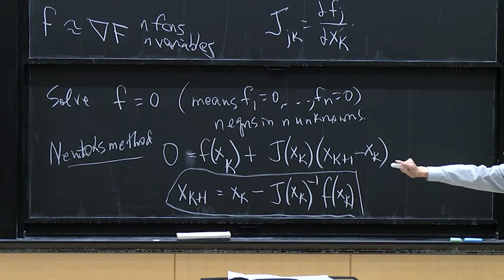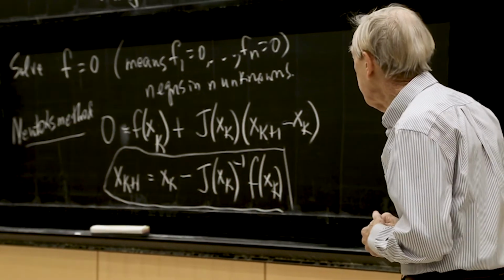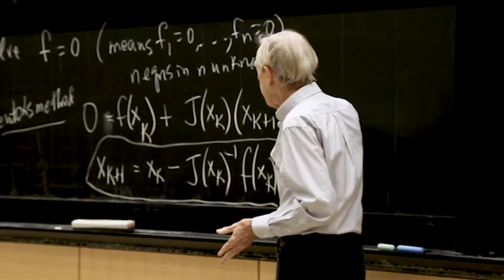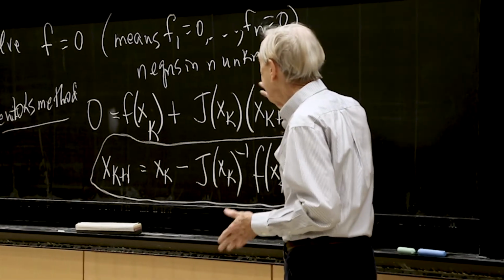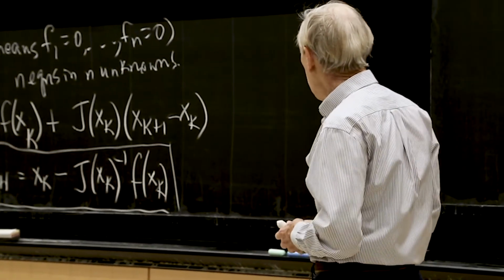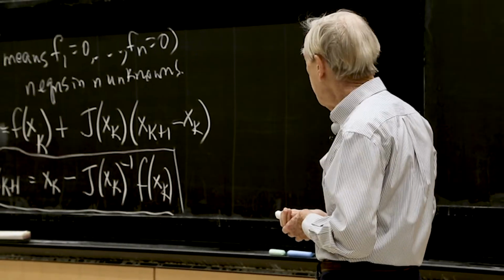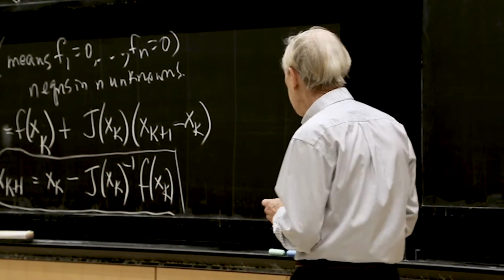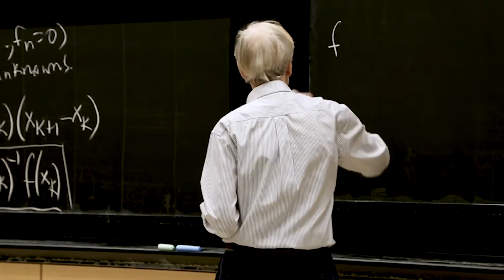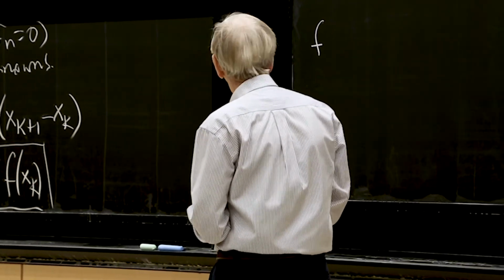And over there, I'm going to write down Newton's method for minimizing a function. This is such basic stuff that we have to begin here. Let me even begin with an extremely straightforward example of Newton's method here. Suppose I only have one function.